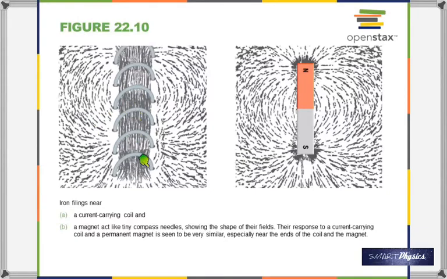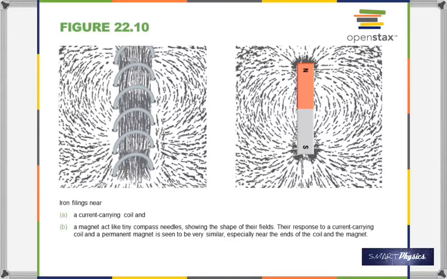And when it carries a current, just look at the patterns. What do you say? These are iron filings again. There is no magnet here. It's just a coil carrying a current. And what can you see? What can you say about the fields? They're similar.